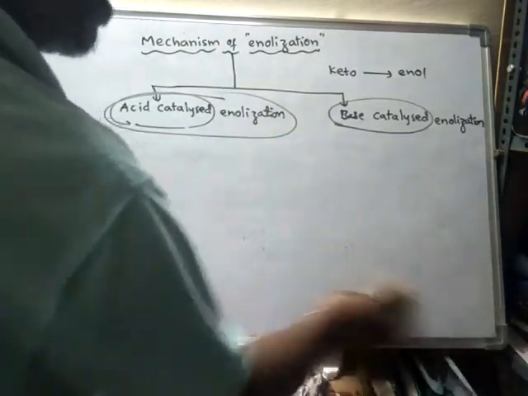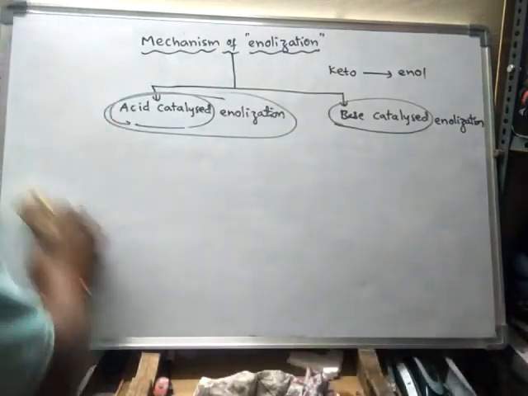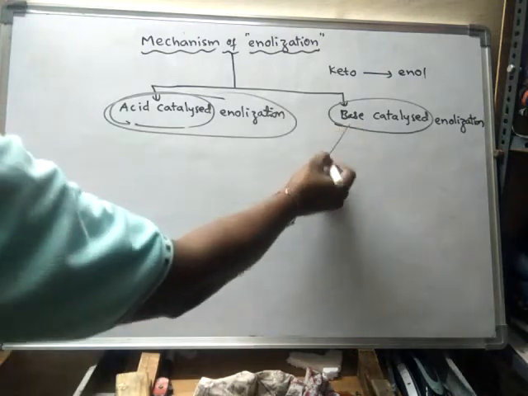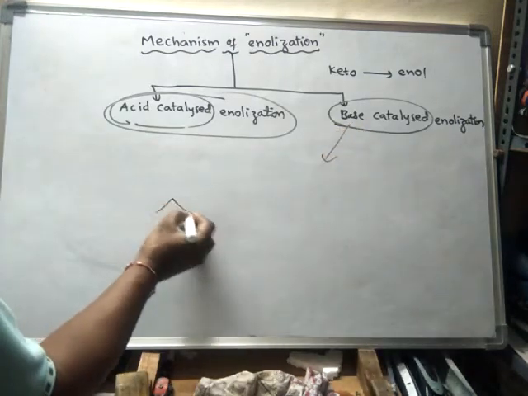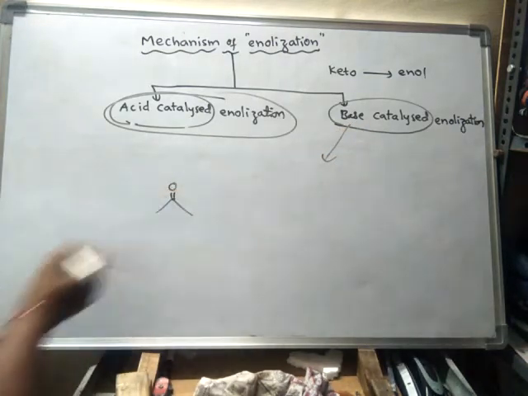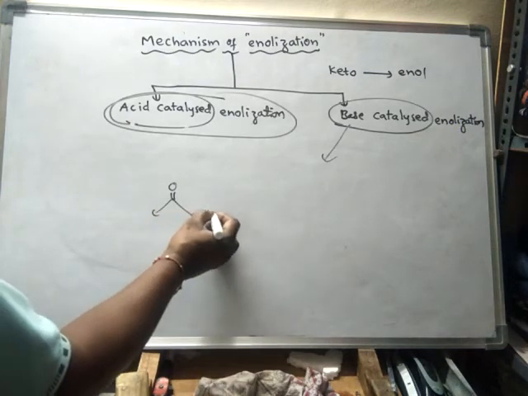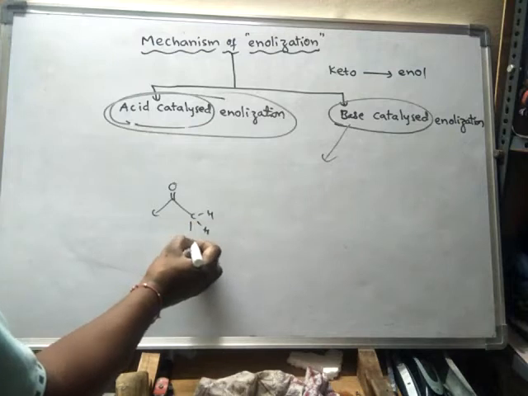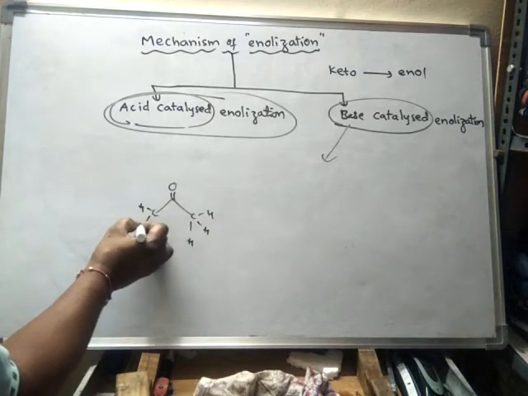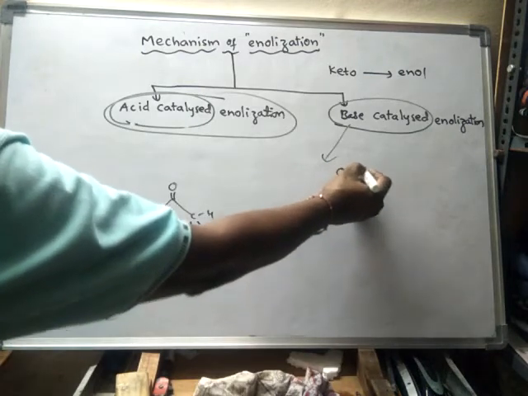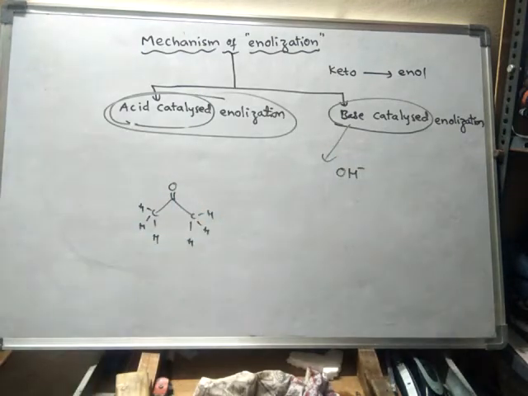Then what mechanism takes place in base catalyzed enolization? Suppose this is the keto form, and this is carbon, this is also carbon, and 3 hydrogens are present here, alpha hydrogens are present. Base means OH minus groups are present.